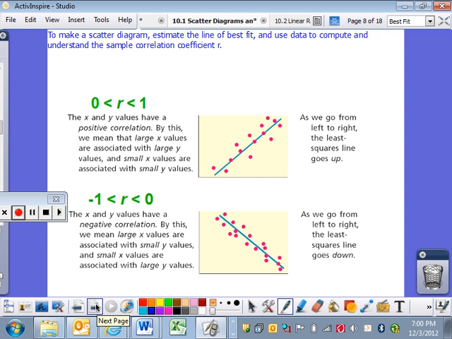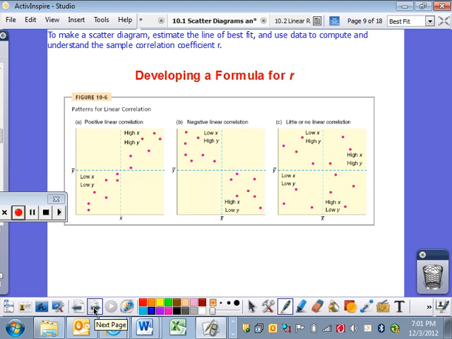The closer to 1, the more perfect it is. The closer to 0, the more moderate to weak the correlation. And then from -1 to 0, -1 is perfect, and as you get closer and closer to 0 on the negative side, it's getting closer to weak or no correlation. So once again, getting close to 1 or -1 is what's important.